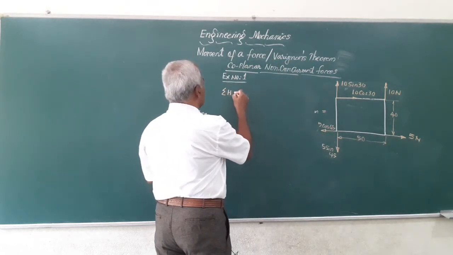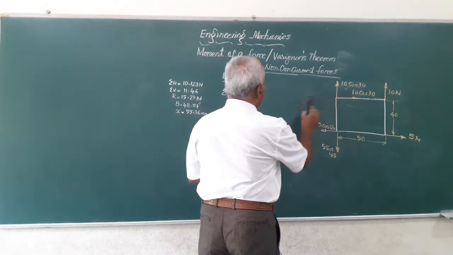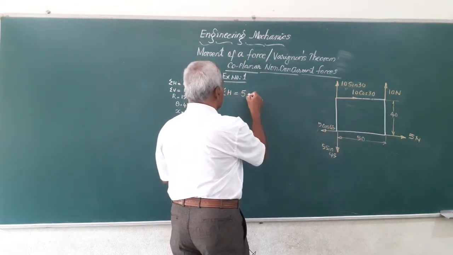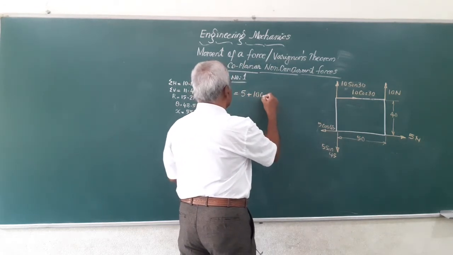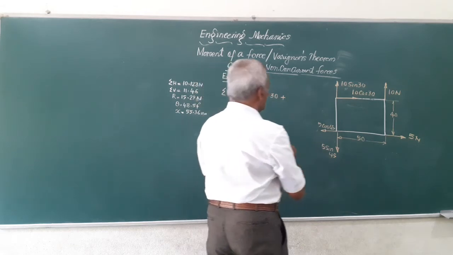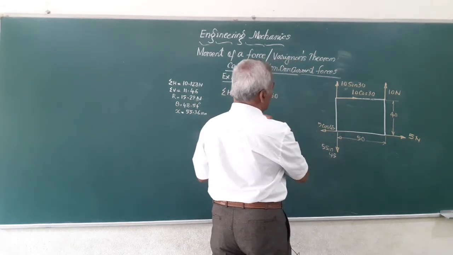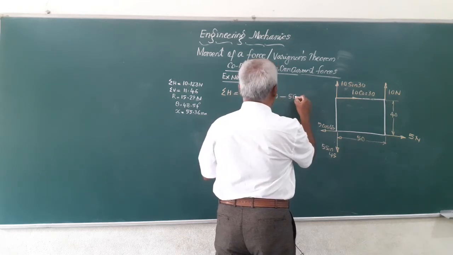Hence sigma H, the summation of the horizontal components, is given by 5 plus 10 cos 30, which is the second force, and this 5 cos 45 acting to the left, so I take it as negative, minus 5 cos 45.